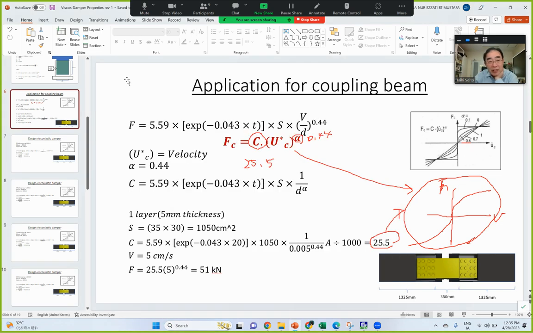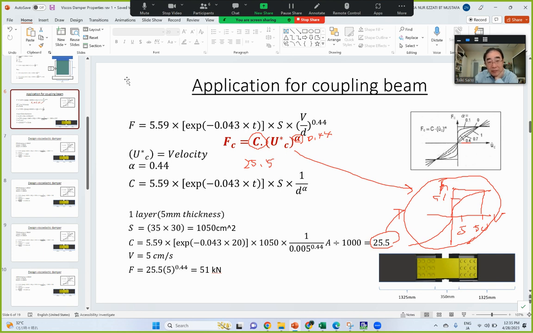So in the case of 5, you said this value is around 51, right? Yes, sensei. And in the case of 50, you will know how much it will be. So this curve is necessary to know how much damping force.